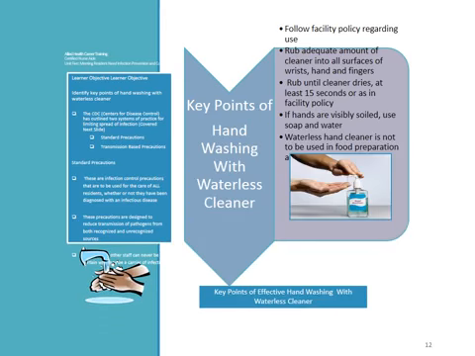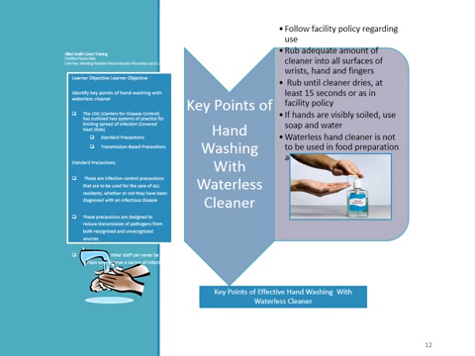Some key points of washing your hands with the waterless cleaners. First, you should follow your facility's policy regarding the use of the waterless cleaners. If you do use a waterless cleaner, you should rub an adequate amount of cleaner onto all surfaces of your wrist, hands, and fingers.